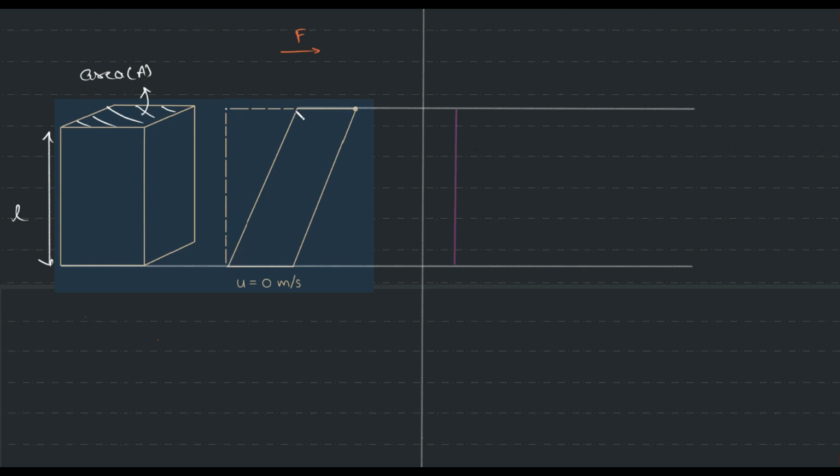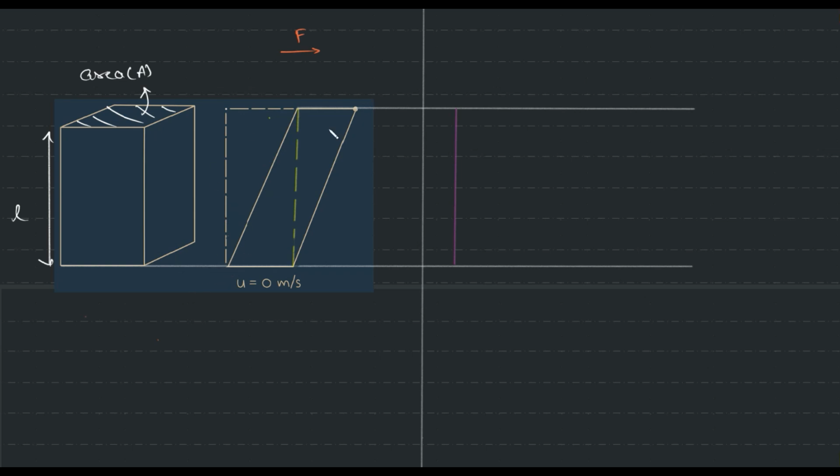An object which was liquid was like this, basically. Initially it was like this, and eventually it should be from here. A liquid which was over here, because of this force, a shear stress, got deformed this way.